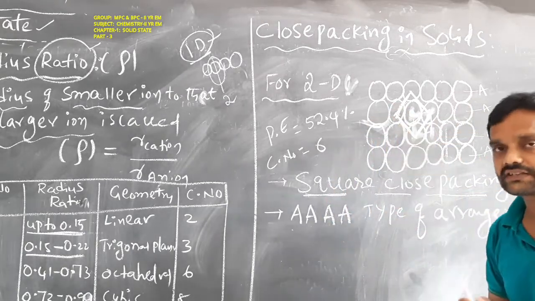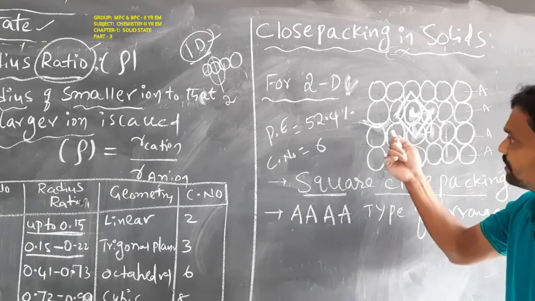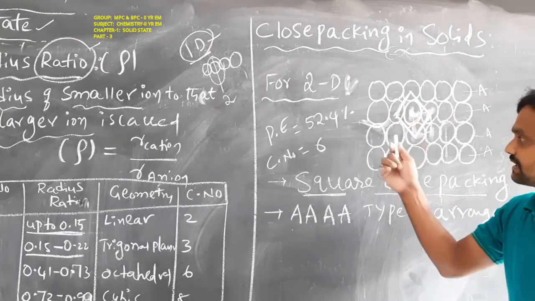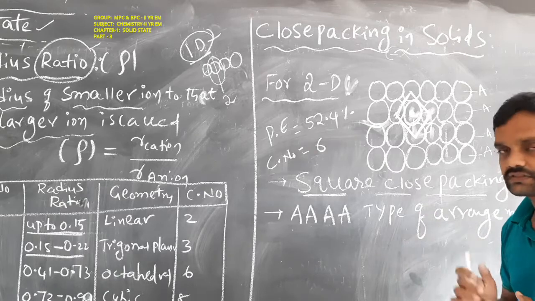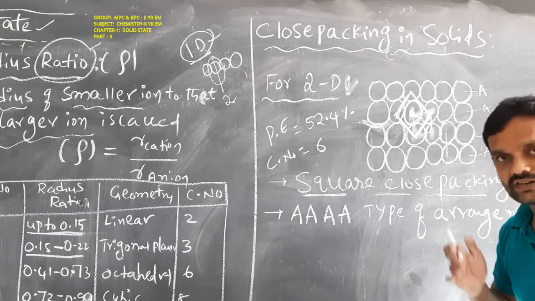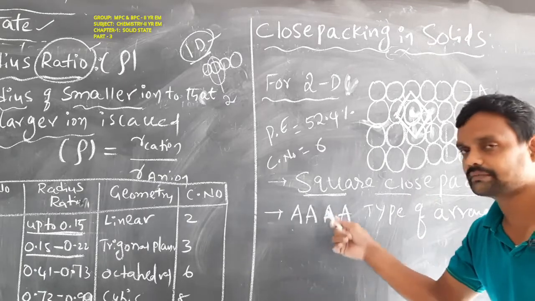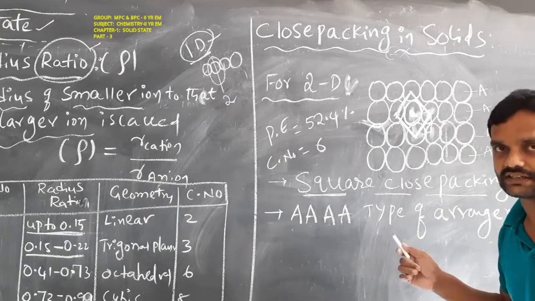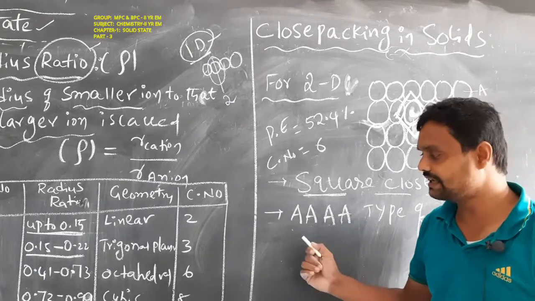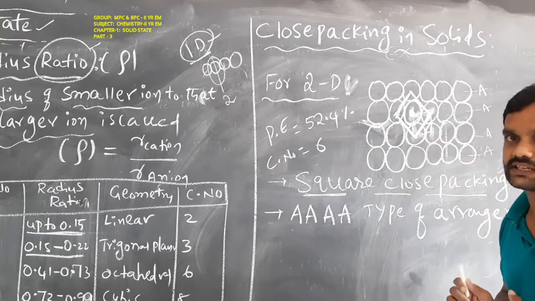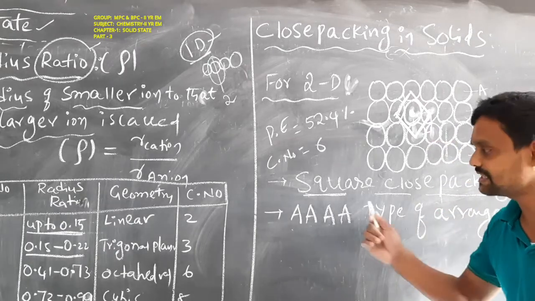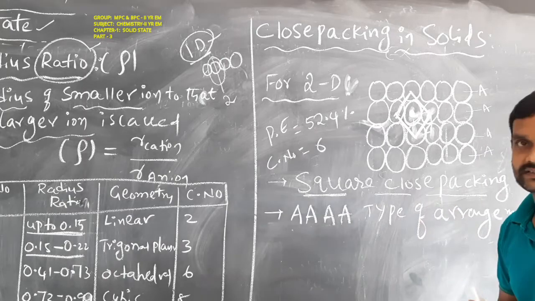Similarly, the second row is also the same type, so it is also A type. The third row is also the same, the fourth, fifth and sixth rows are also the same. It means all rows have the same A type arrangement. And this close packing name is square close packing.